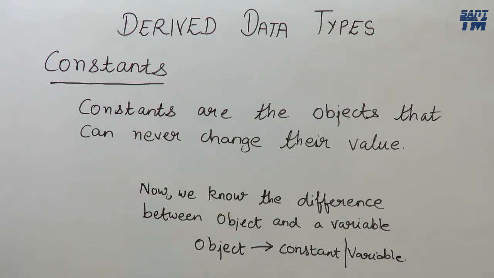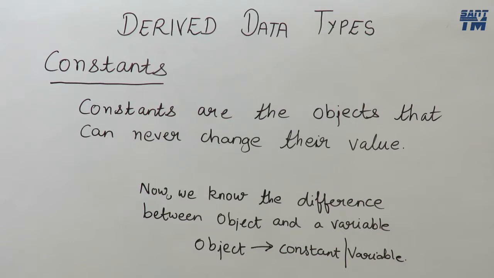So now I want to clarify why I did so. Many of the books and many of the teachers will guide you to say the term variable every time. This is not true. Remember this point. If you don't know the difference between object and variable, you should always speak it as object. You should never speak it as variable.